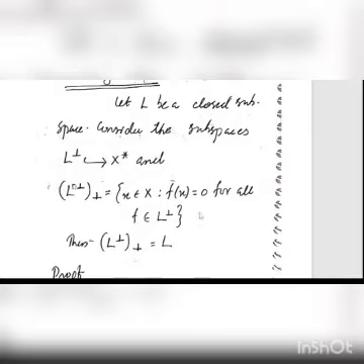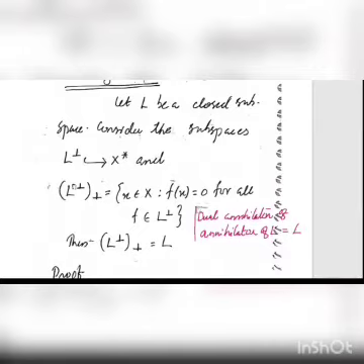That is, the dual annihilator of the annihilator, right? The dual annihilator of L is nothing but L. So this is the corollary.